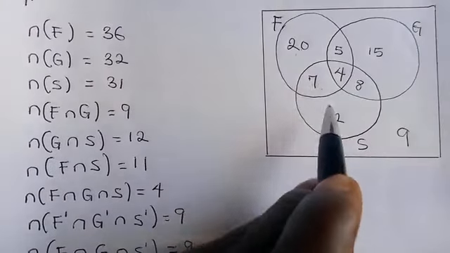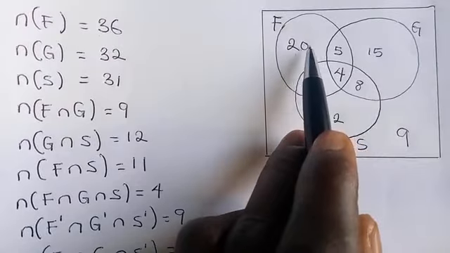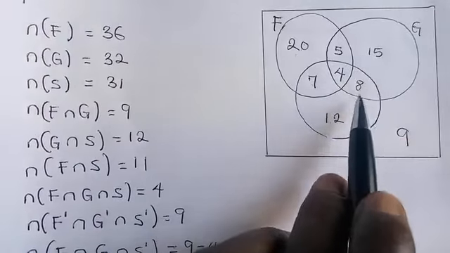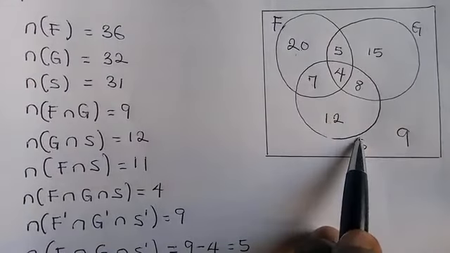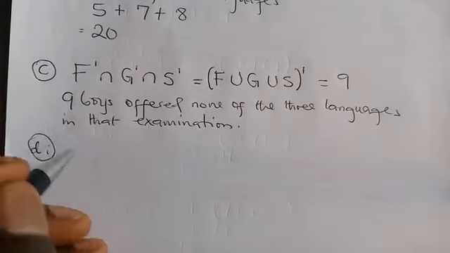So the union of French and German but not Spanish includes 20, 5, and 15, excluding this data that was shared with Spanish.